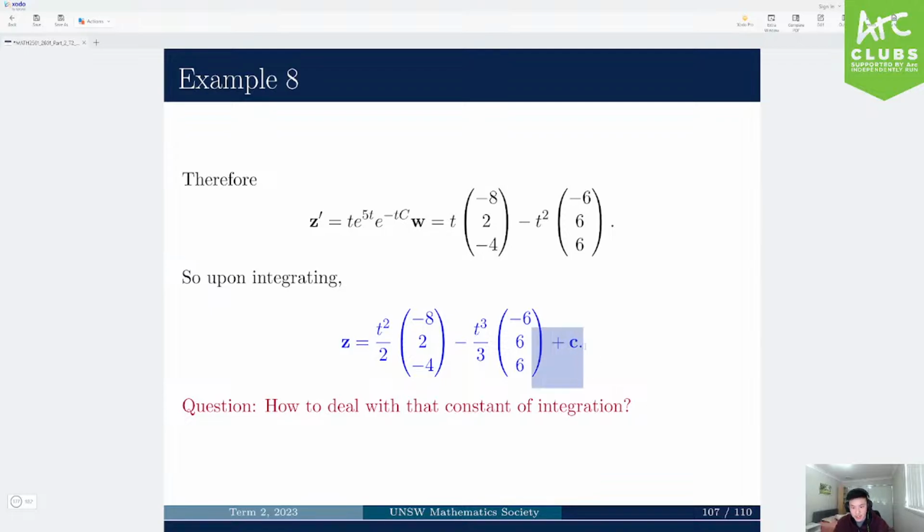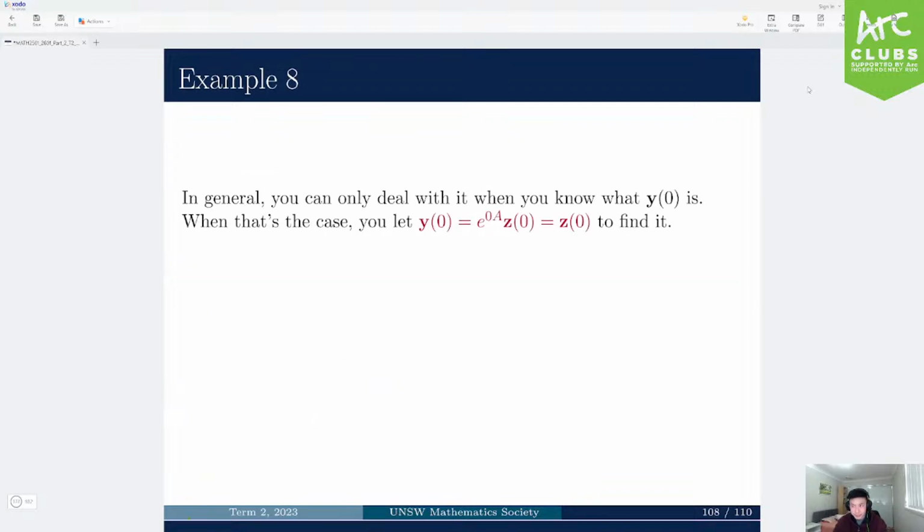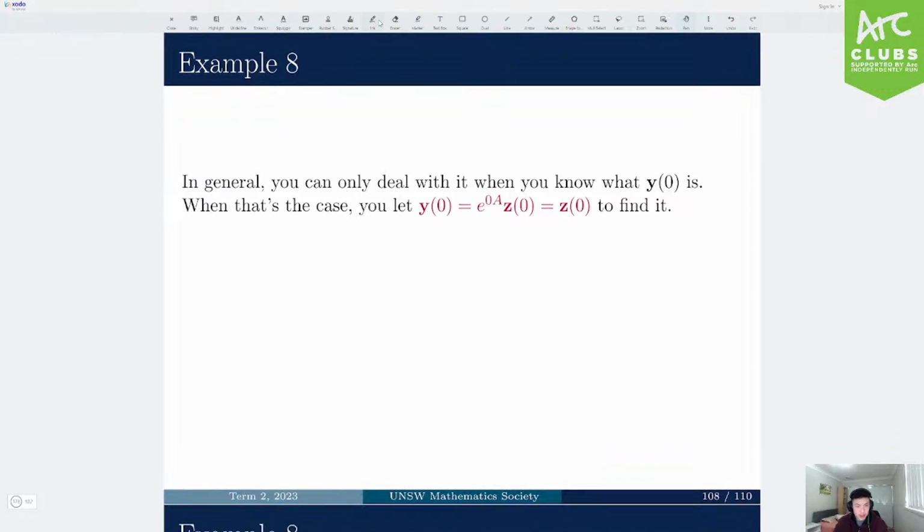Obviously there's going to be some constant of integration, and the question is, how do we deal with this constant of integration? Usually in initial value problems, you're given the initial condition, and in that case you know that y0, where we sub in t0, is e^(0C) times z0, which just becomes z0.